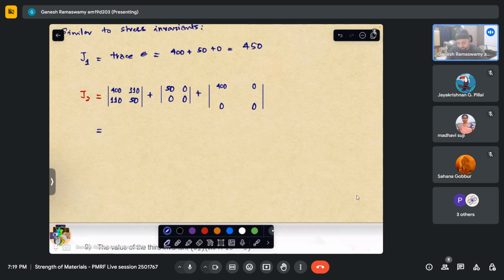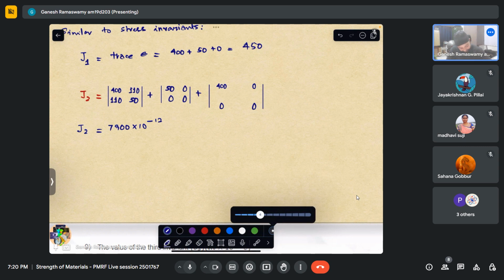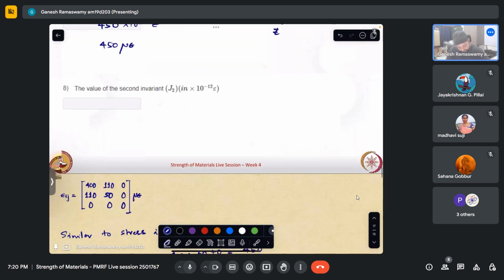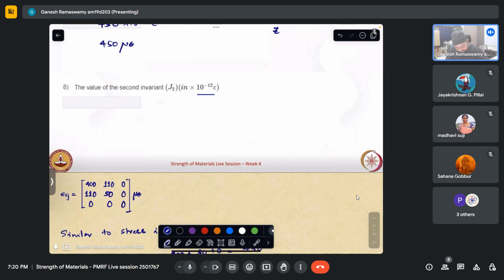So J2 is 7900 into 10 power minus 6. Since we have multiplied two quantities, it will be minus 12. So 7900 into 10 power minus 12. The exponent is already mentioned here, so it is just 7900.